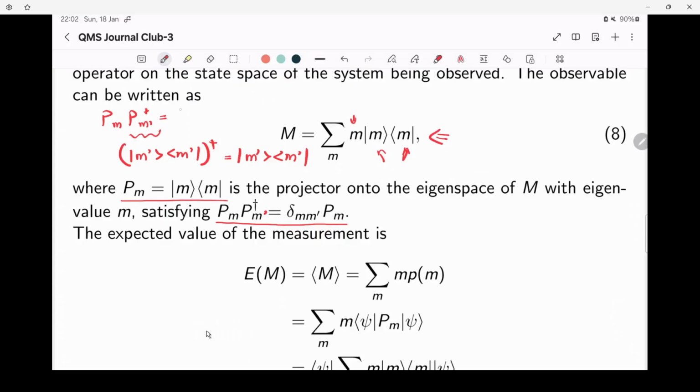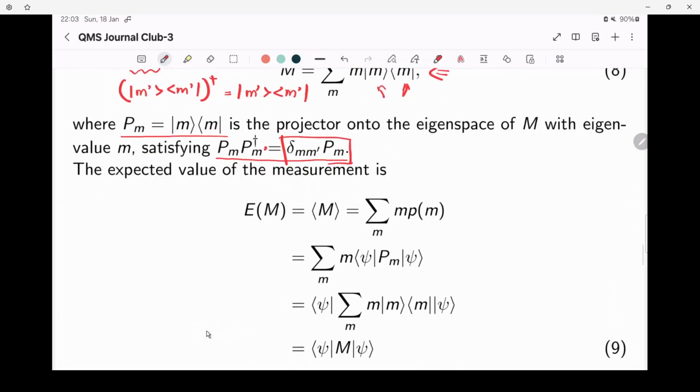So what it means is that you have m outer product, and then you have m prime. Yeah. So this gives you the Kronecker delta, and then you need them to be on the same index, which is why you write it here in the end. That's why you get this part on the right hand side.